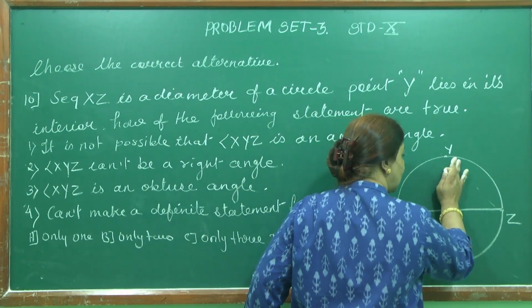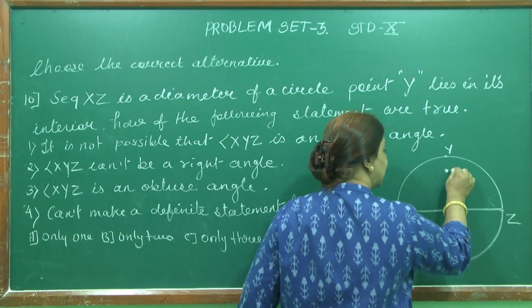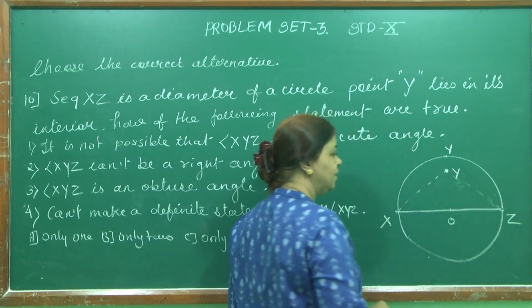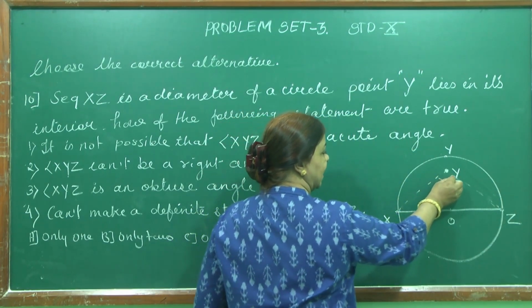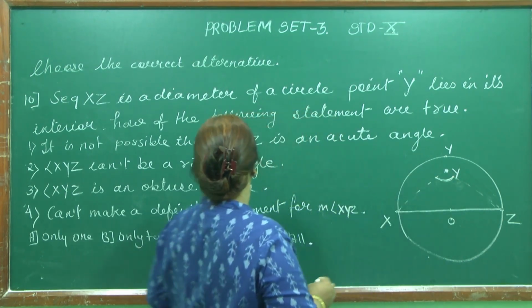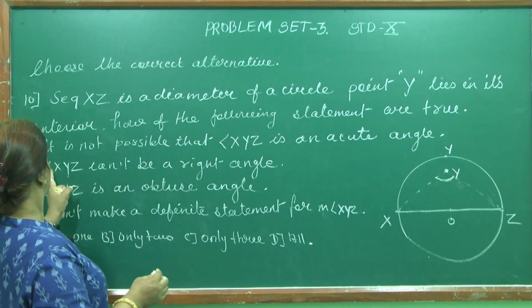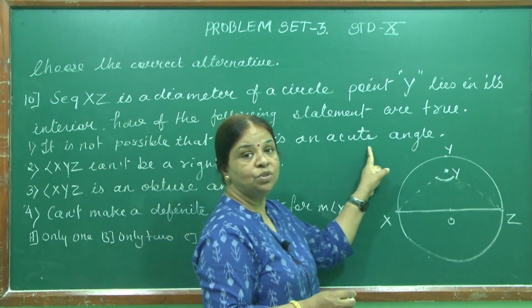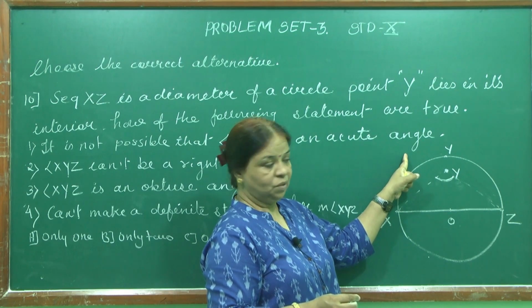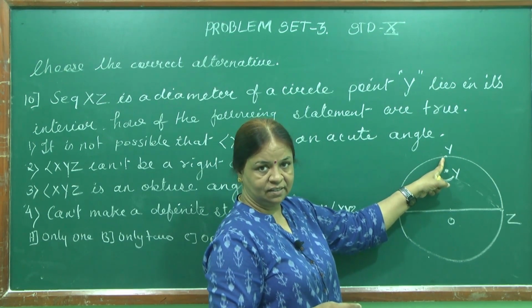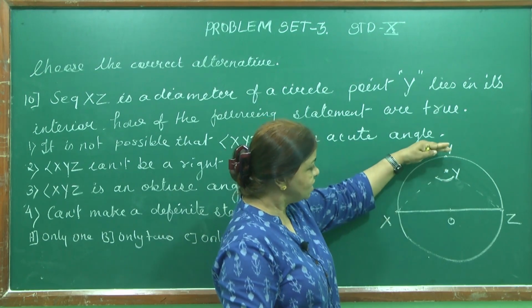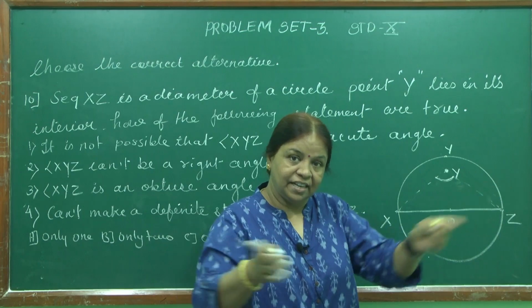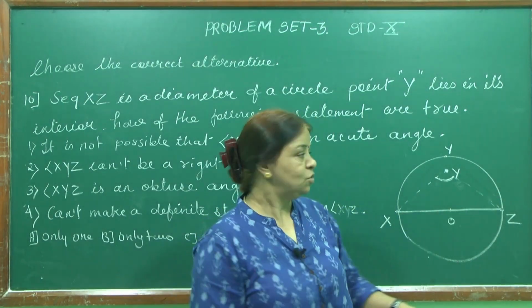But my point is not lying on the circle, it is lying inside the circle. So when I join it, the angle will be, because if it is on the circle it will be 90, and as the point moves closer the angle will increase, it will be more than 90.